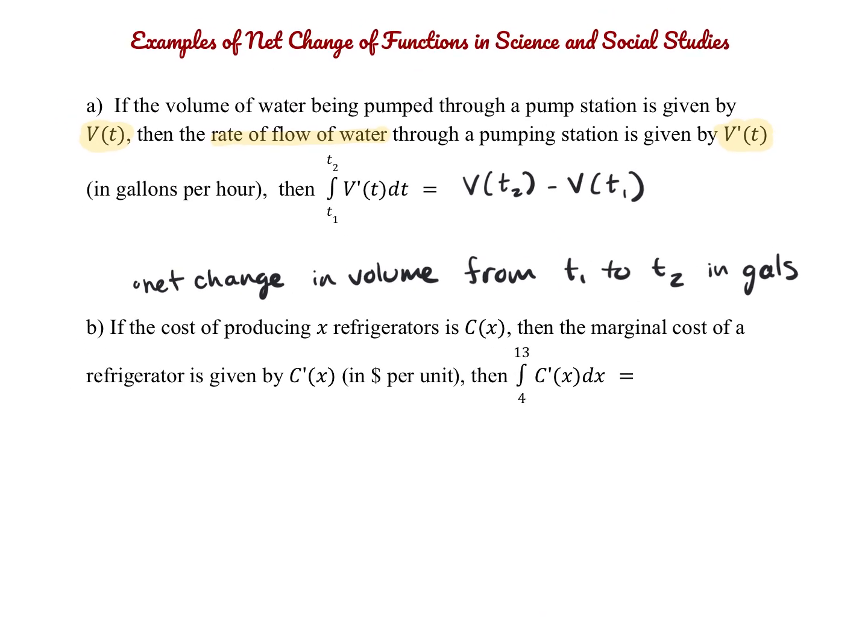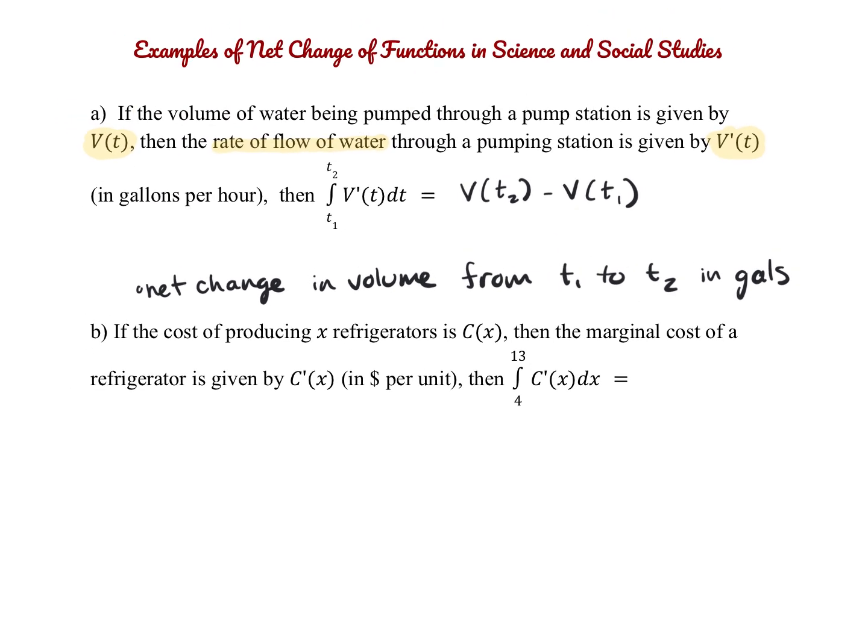All right, let's look at this next example. Here it says if the cost of producing x refrigerators is C of x, then the marginal cost, remember way back to first semester, marginal cost is also an application of our first derivative. So that would be C prime of x in dollars per unit. That's the cost of producing the next unit.